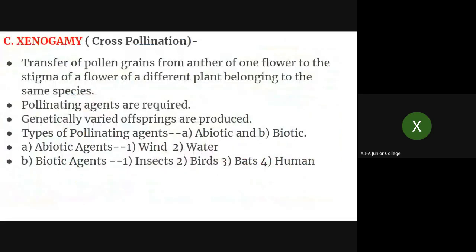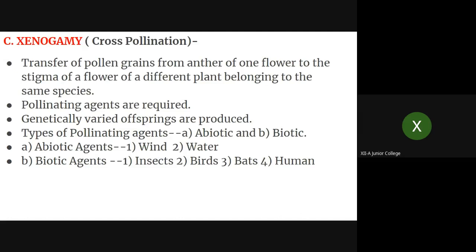Now, next and the third, the most important and vast, is xenogamy, that is called cross pollination. Here, transfer of pollen grains is from anthers of one flower to the stigma of a flower of a different plant, but belonging to the same species. Species is same, but the plants are different.